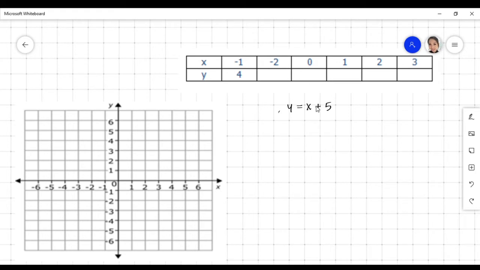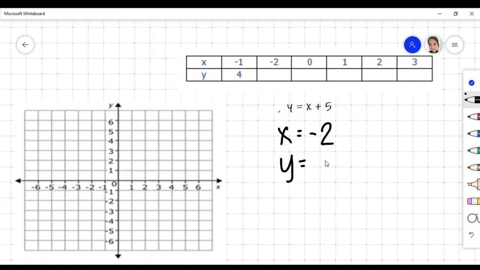If x is -1, so -1 plus 5, that is +4. How about if x is -2? So if x is -2, then y is equal to -2 plus 5.